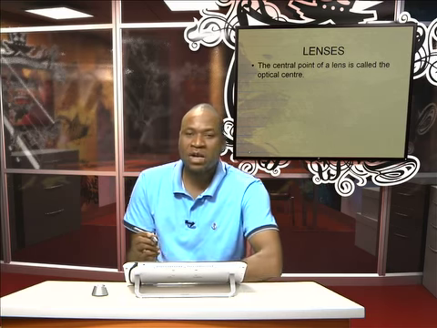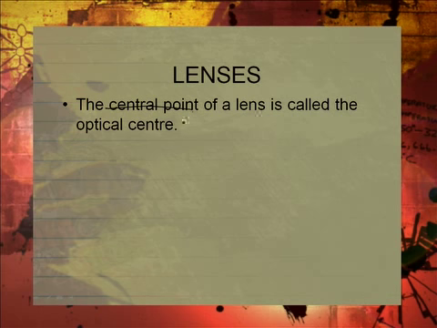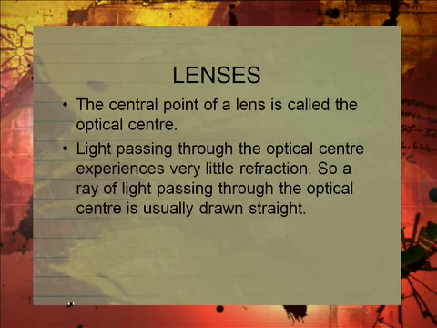Lenses always have a central point called the optical center. Light passing through this optical center experiences very little refraction or no refraction at all.